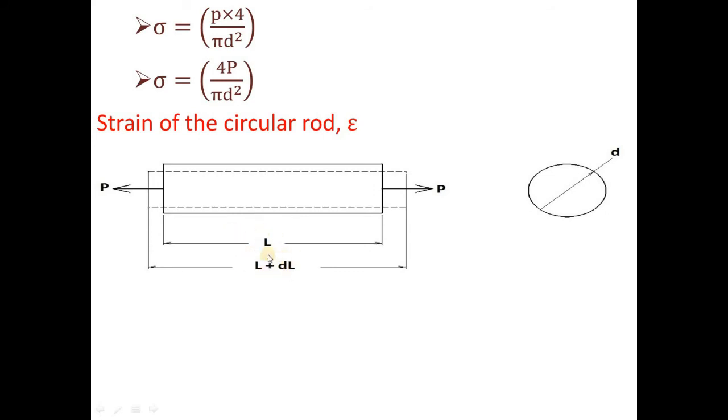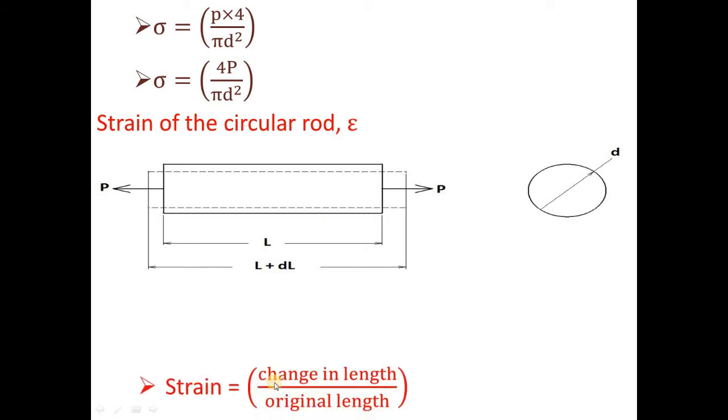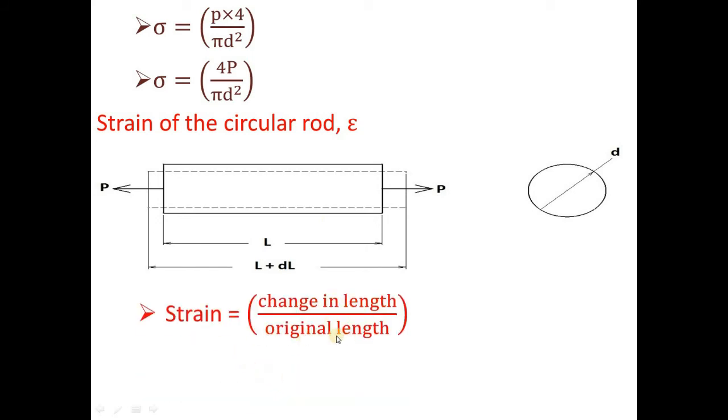So that's why we have to find the formula of strain, and the basic formula for strain is change in length divided by original length. So here change in length is dl and original length is l. So the formula will be epsilon is equal to dl by l, which means the strain formula of this circular rod is dl by l.